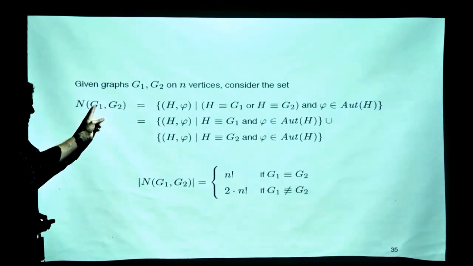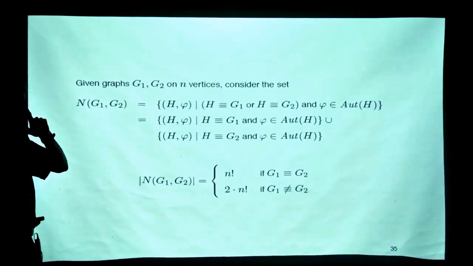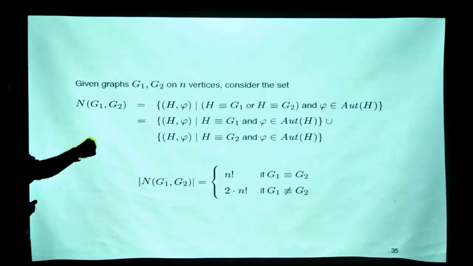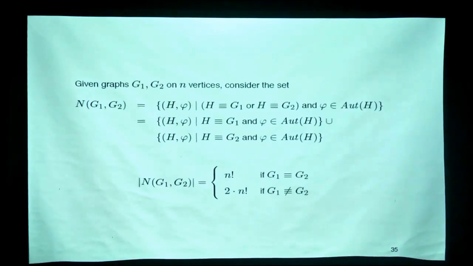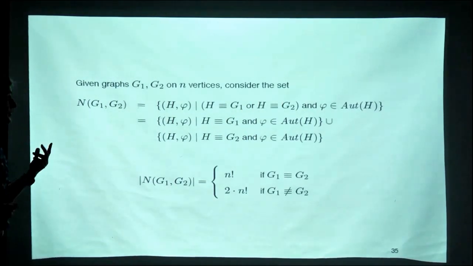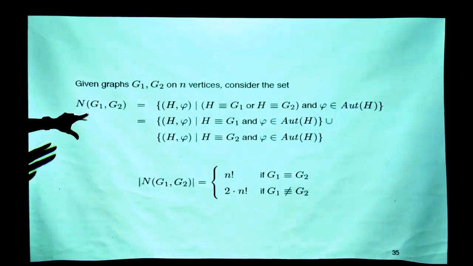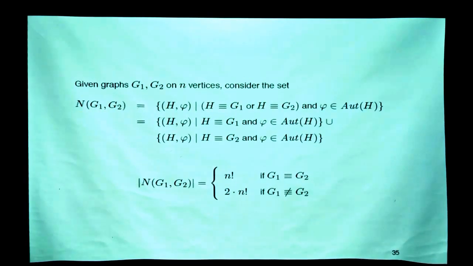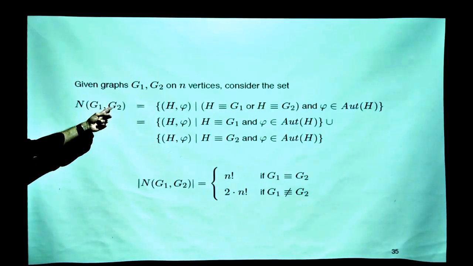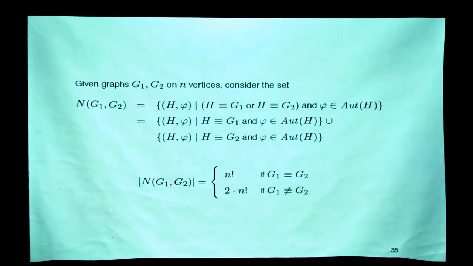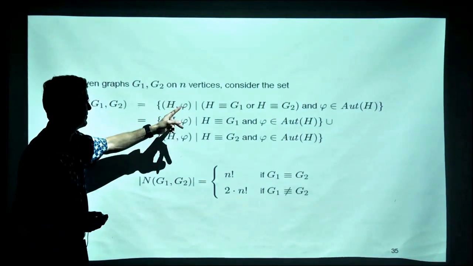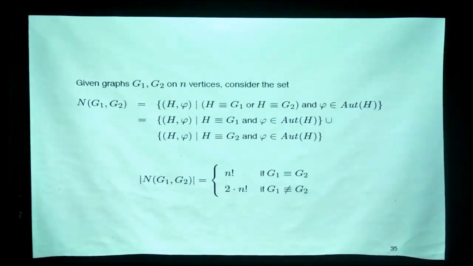You can prove it, and see that it's like this. So you define, given two graphs G1 and G2, the set of pairs (H, phi), where H is a graph on n vertices that is either isomorphic to G1 or isomorphic to G2. Another way to say that is that you make any labeling of the vertices in G1 or any labeling of the vertices in G2 with the numbers 1 to n, and phi is an automorphism of this graph, so it can be an automorphism of G1 or an automorphism of G2.